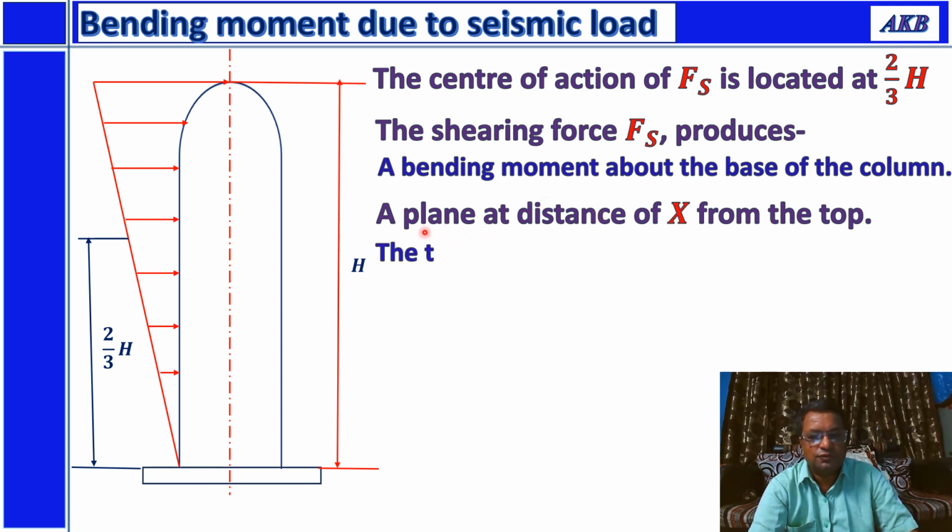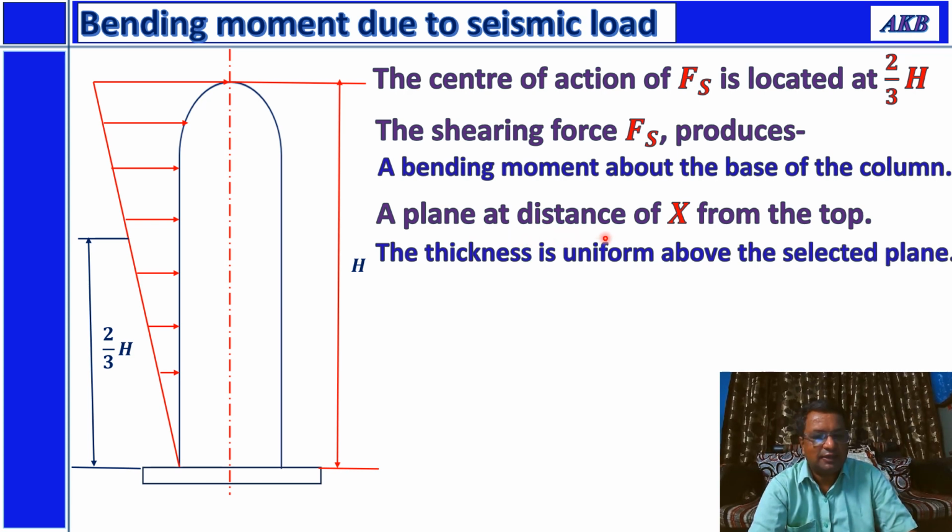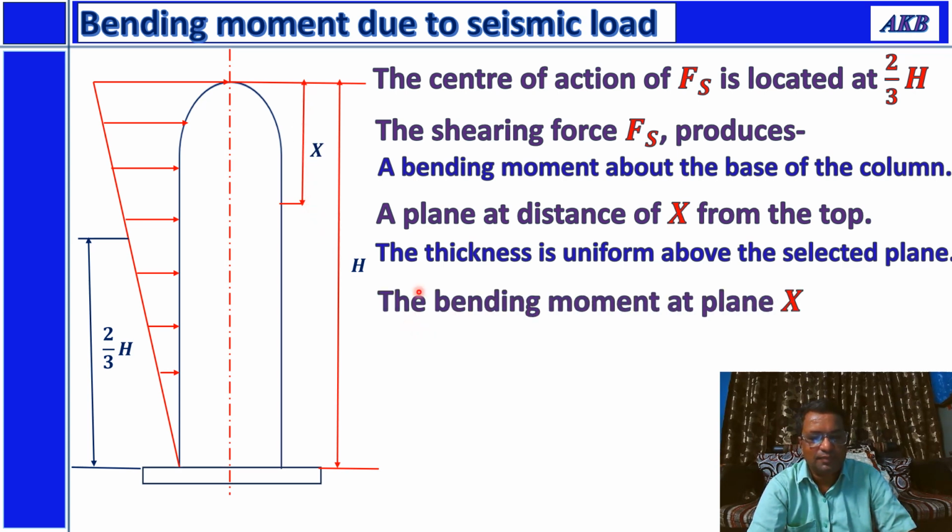Okay, now let us consider a plane that is at a distance of x from the top. This distance is selected such that within that distance the thickness of the column is uniform. So I have shown it over here.